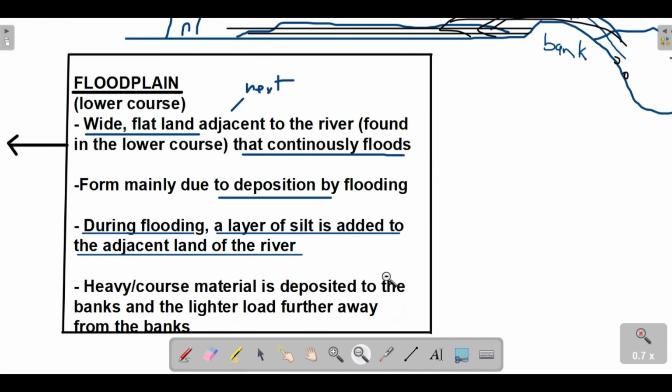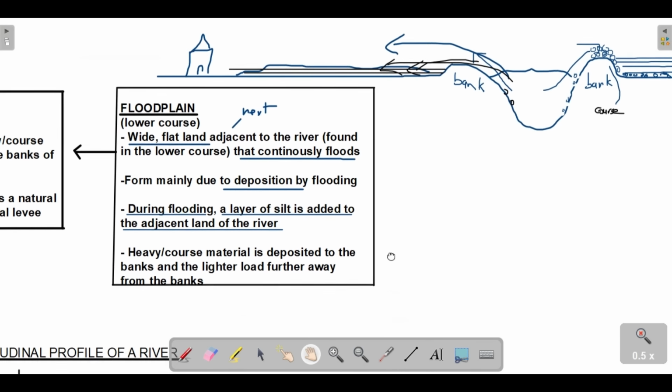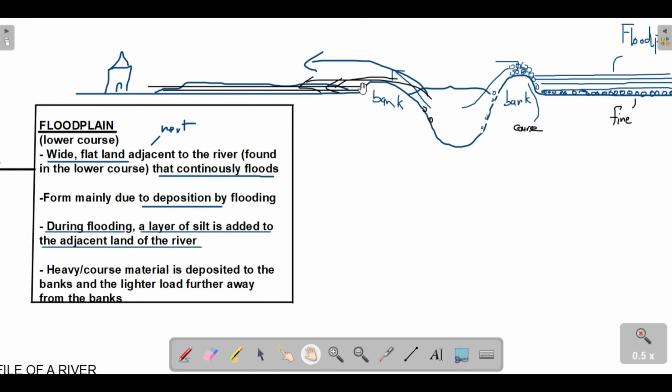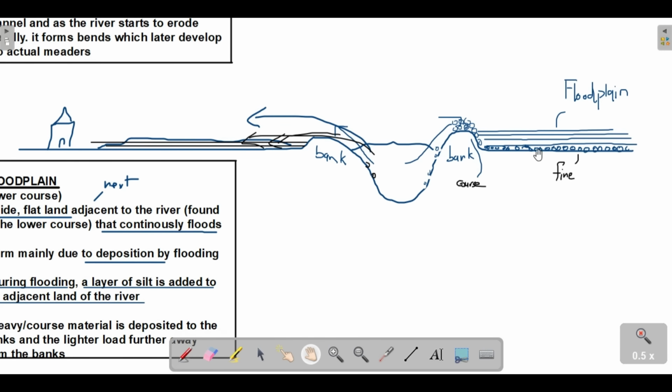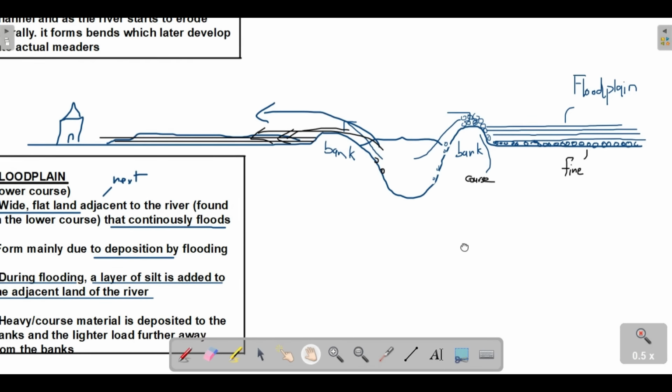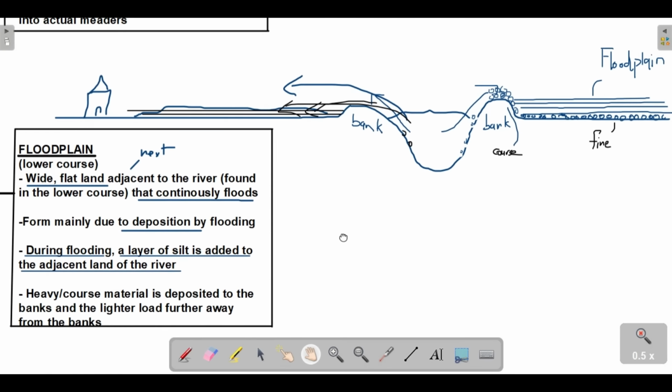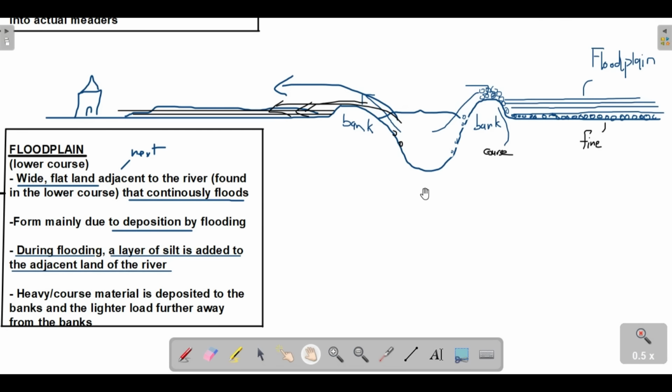It is the flat land next to the river that is formed by the deposition caused by flooding, dumping material from the river next to the land. These layers and layers of material develop to form what we call the floodplain. It's as simple as that, guys. I hope you get that.